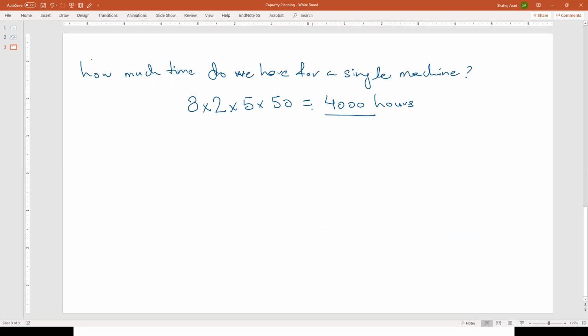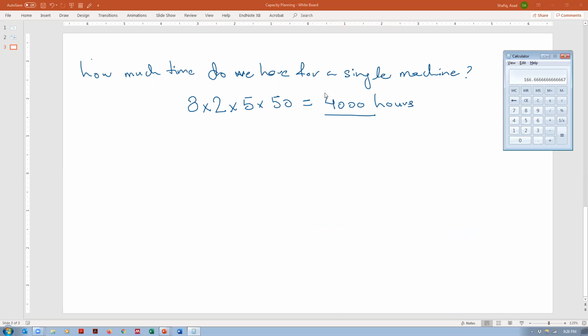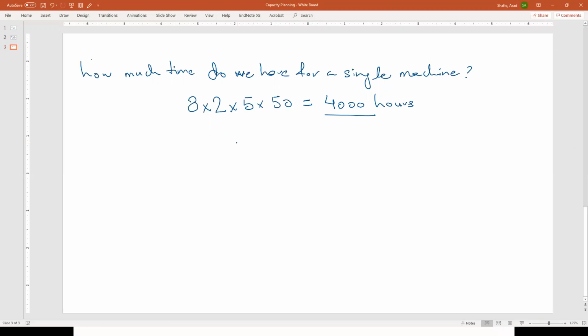And just to be on the safe side, let me verify this. So 8 times 2 is 16, I don't need a calculator for that, times 5 times 50 equals 4,000 hours, right? Now, as we did in our previous example, these are the number of hours that are available if we continuously run the machine.